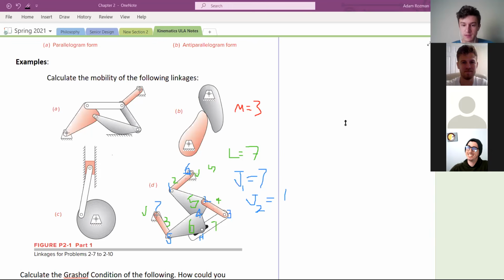I see in the chat Thomas is saying 8 full joints. So where do you think we're missing an 8th joint?